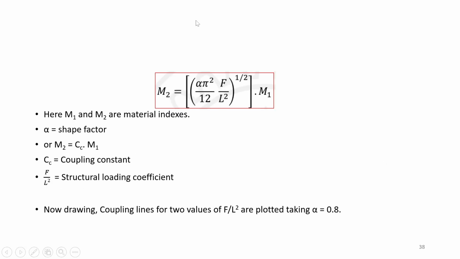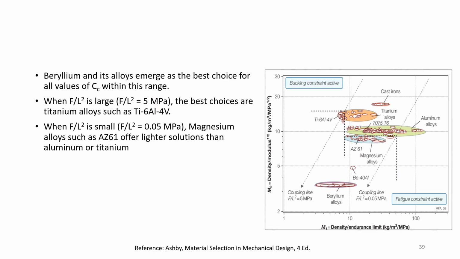Now these are the two indexes and there will be a coupling constant. Coupling lines for two values of F upon L square are drawn by taking alpha equal to 0.8. Beryllium and its alloys emerge as the best choice for all values of coupling constant within this range. So you have plotted these two lines for different coupling constants, 0.05 MPa and 5 MPa, and between these you will be getting beryllium alloys.